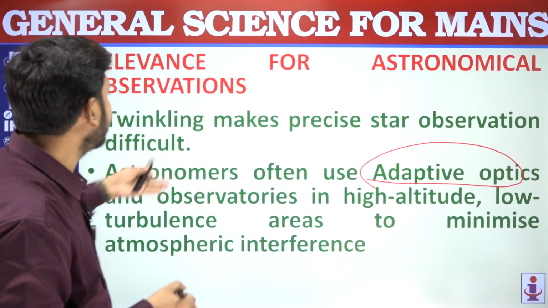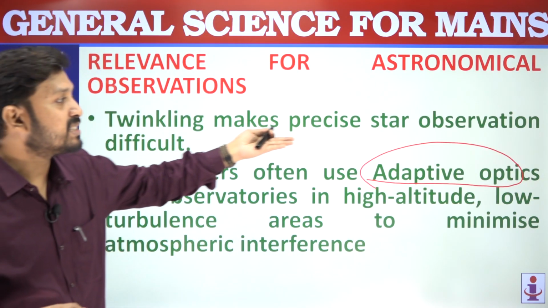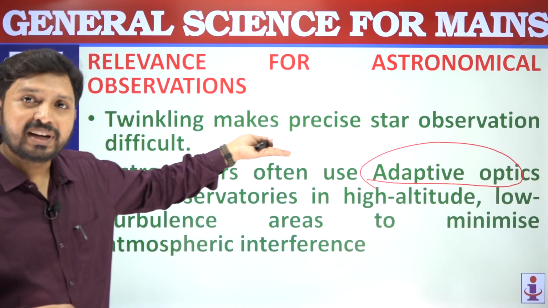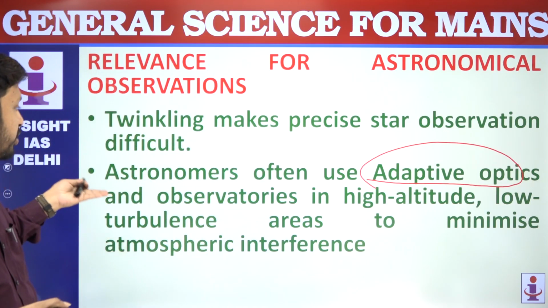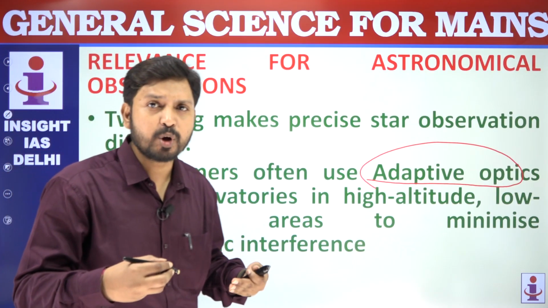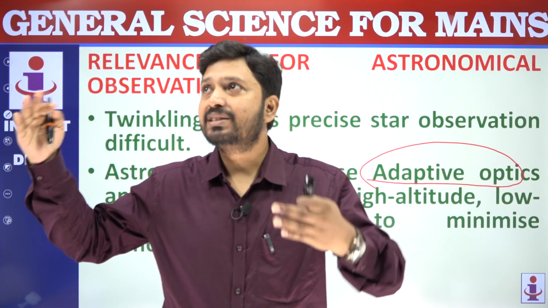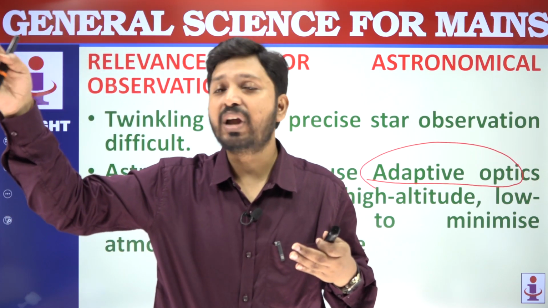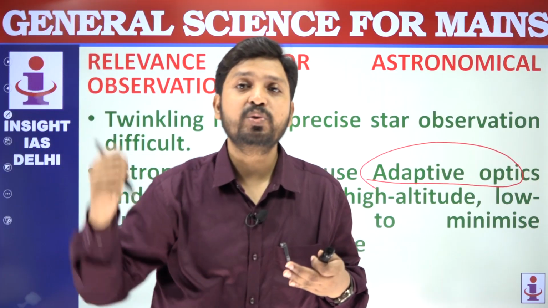Is it clear? So let's read this one. Twinkling makes precise star observation difficult. But for planets, we can get clear pictures as there is no twinkling. So astronomers often use adaptive optics, and not just adaptive optics: in cities, there is light pollution which obstructs us from seeing the stars during the night, right?